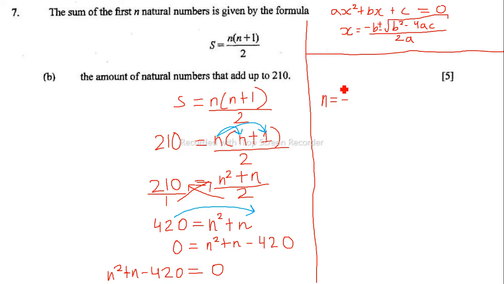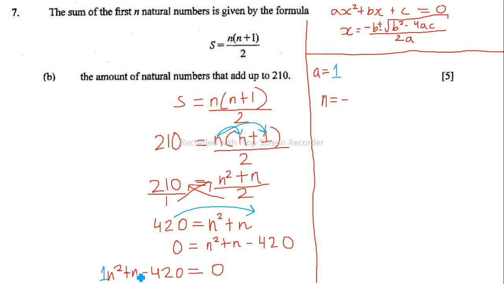Let me just list it out for you, right? In this case, a is the number in front of x squared. So in our case, a is going to be the number in front of n squared, which is 1. So a equals 1, because whatever's in front of your squared term is a.